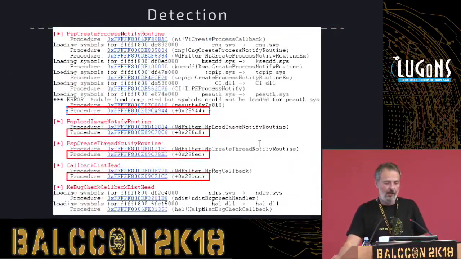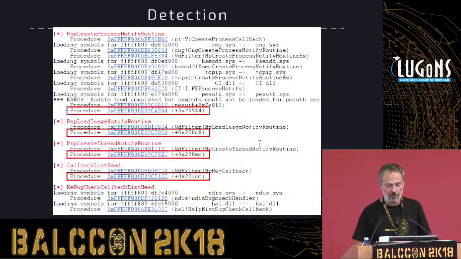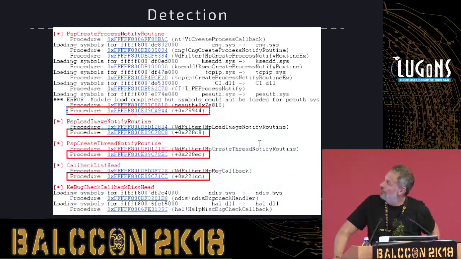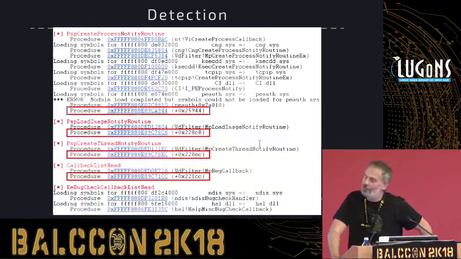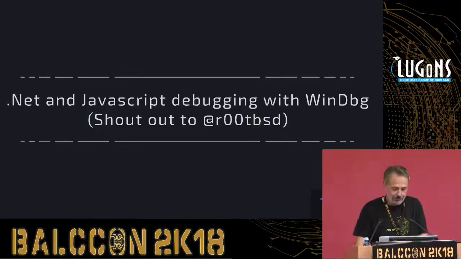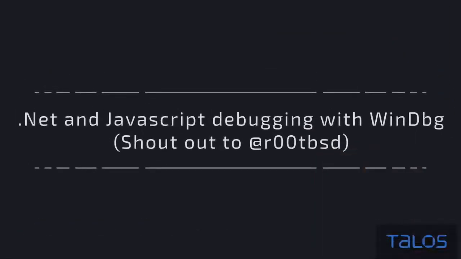Here we see a list of modules that are registered to be notified when a new process is created, and we see Windows Defender, an integrity checker, and then finally the last one in red, which doesn't give you the module name. So you just see that something is registered, but you don't know where the module is. You'll catch the procedure, you will find it in the end, but it's kind of weird because there's no module name.